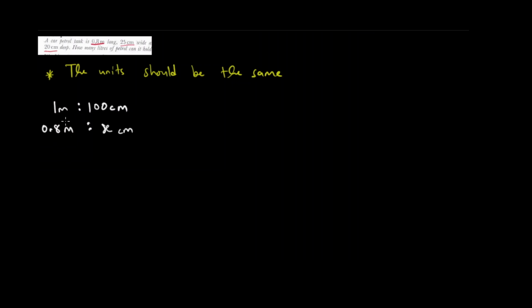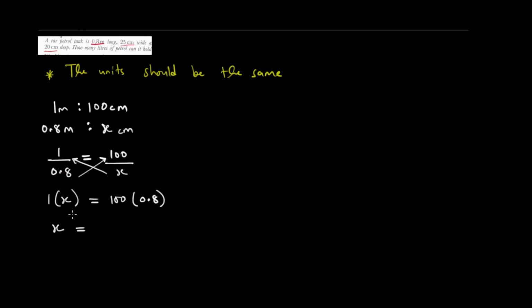So we convert this into a fraction: 1 over 0.8 is equal to 100 over x. Then cross multiplication gives 1 times x equals 100 times 0.8. 1 times x is x, and 100 times 0.8 is 80. So basically that's 80 centimeters.